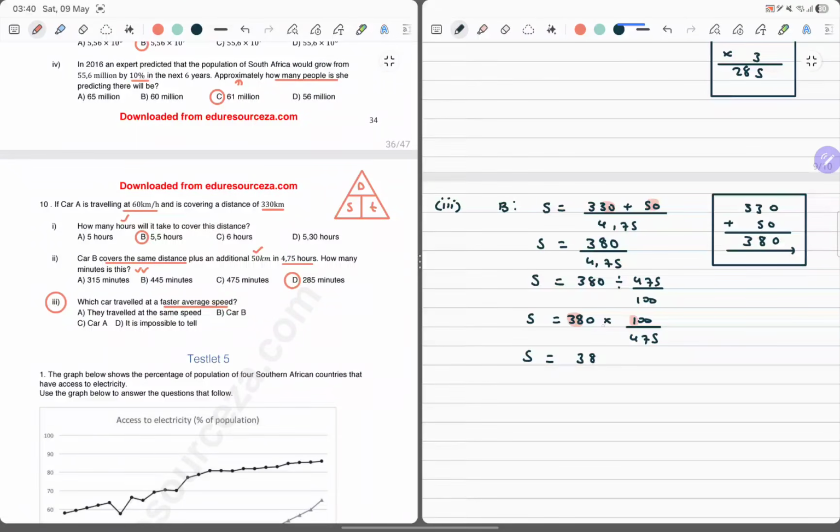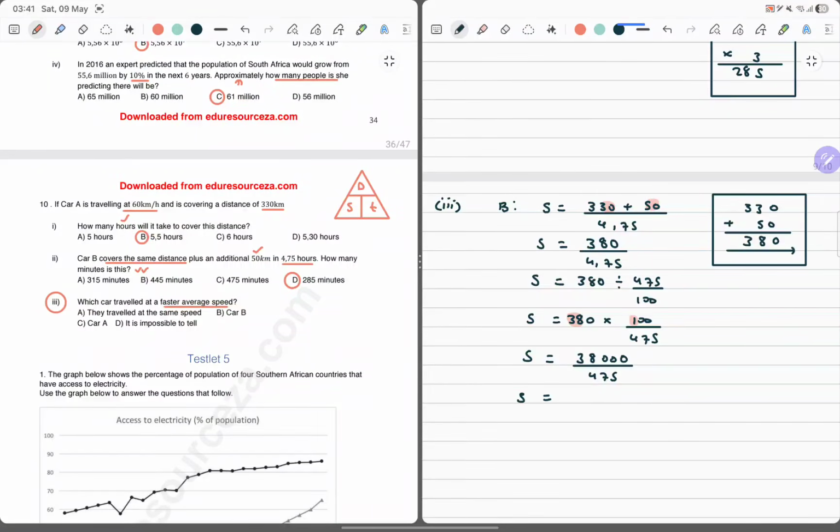This is going to be 38, and then all the zeros must be there. You can even try using long multiplication. But what I know is that the tricks and shortcuts of maths are helpful. Guys, I've set ourselves up for some serious problems. This is why at school you need to have shortcuts.